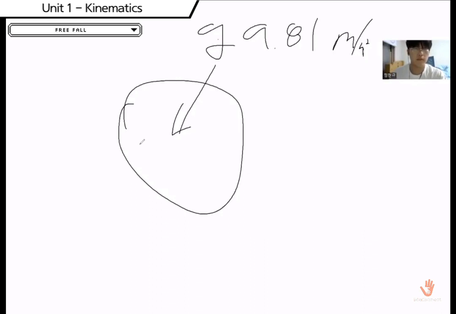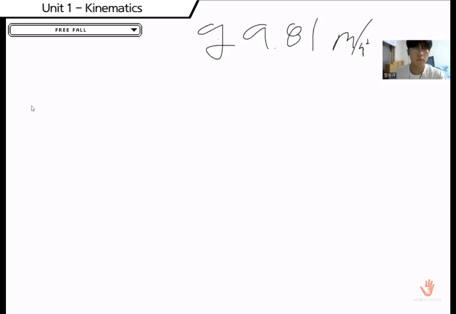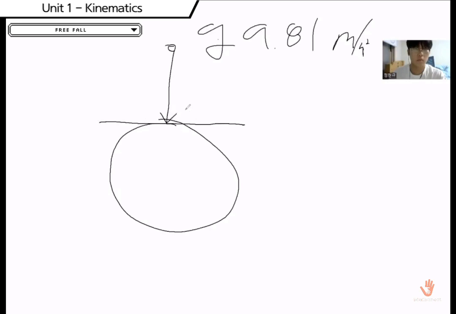So the acceleration of an object in free fall is minus g, which indicates the object is accelerating towards the Earth.